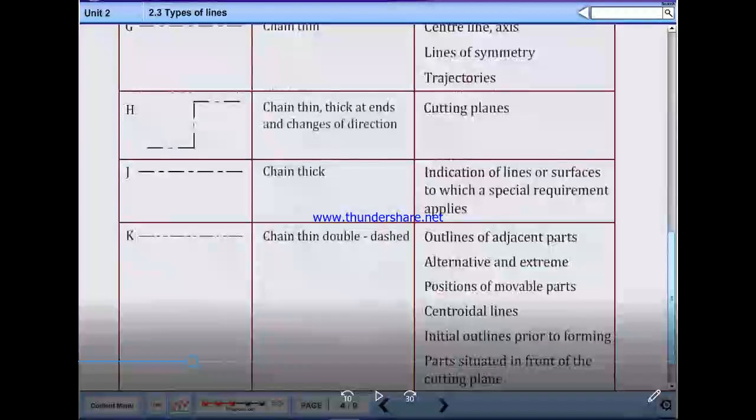Now let us observe all the lines as shown in the table.